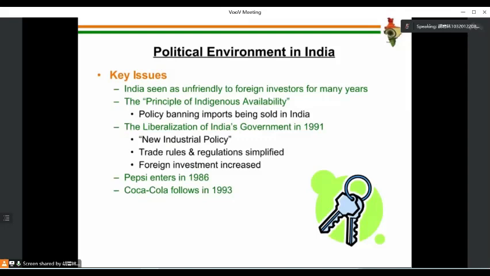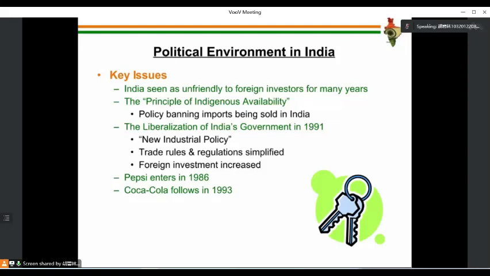Everything started to change in 1991, when the new government in India started to embrace liberalization of the economy. They came out with a new industry policy and simplified a lot of trade rules and regulations for people who wanted to invest in India. During the 1990s and after, foreign investment in India started to skyrocket. It's quite similar to the opening up of China in 1979.